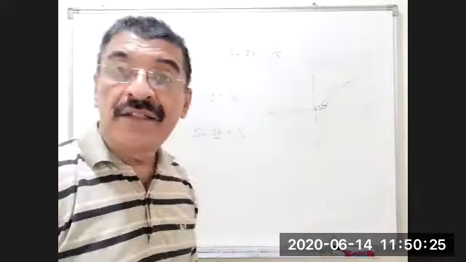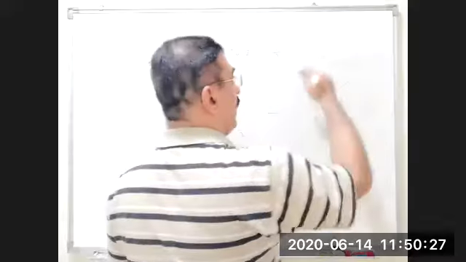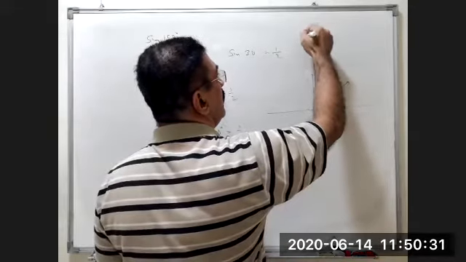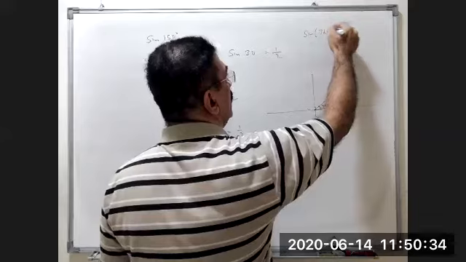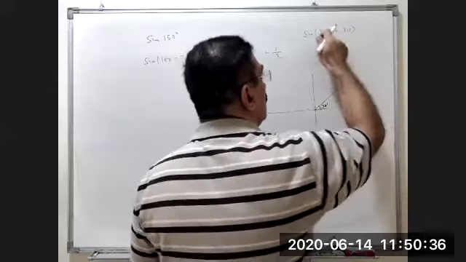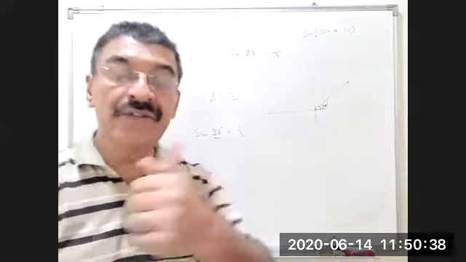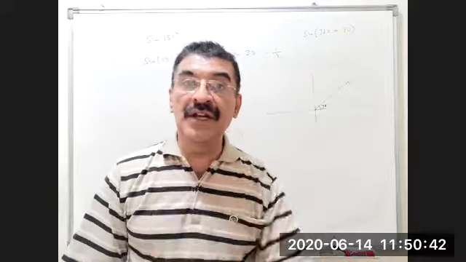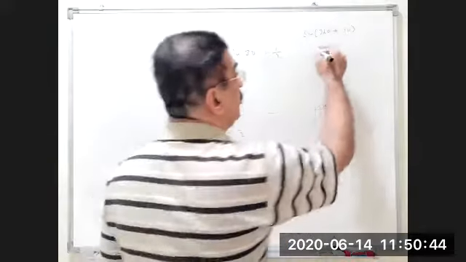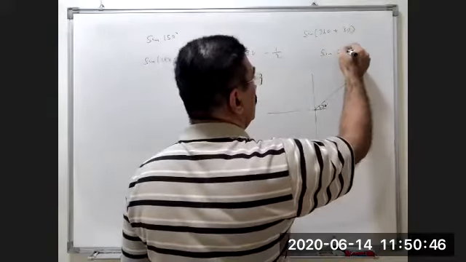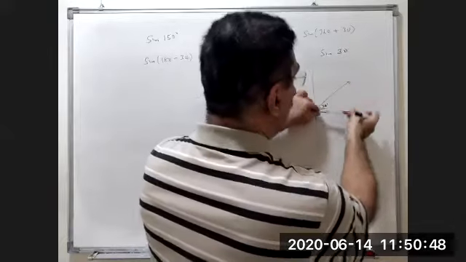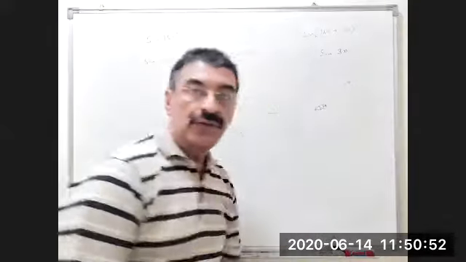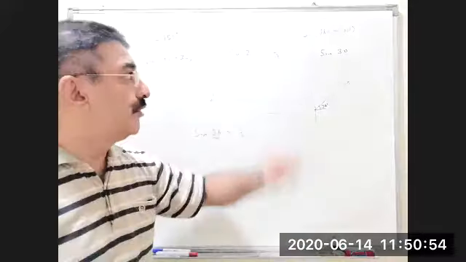Even sin 390, if you are adding 360, sin 390 is sin of 360 plus 30. Again, 360 is an even multiple of 90, 90 into 4. For an even multiple of 90, the function remains the same, so it is sin 30 only. Plus 360 means quadrant 1, positive, sin 30, and the value of sin 30 is 1 by 2.